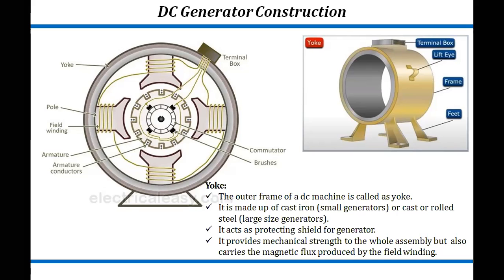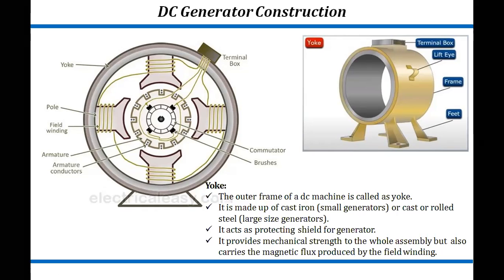So we can say about the frame, it is the outer covering for the DC motor or a DC generator. It is the stationary part of the DC machine on which the main poles and the commutator poles are bolted, which will form support by connecting the frame to the bed plate.